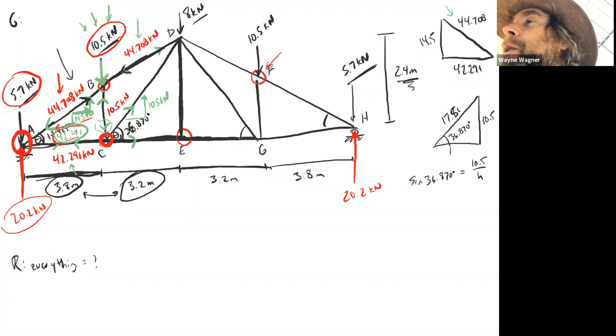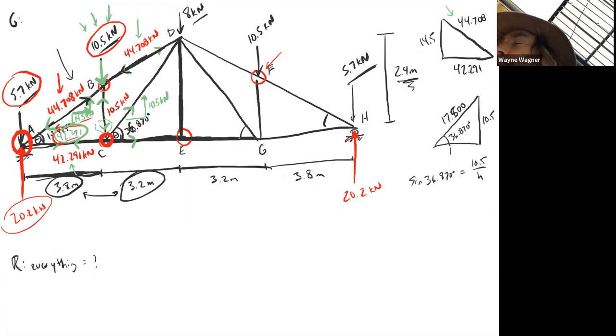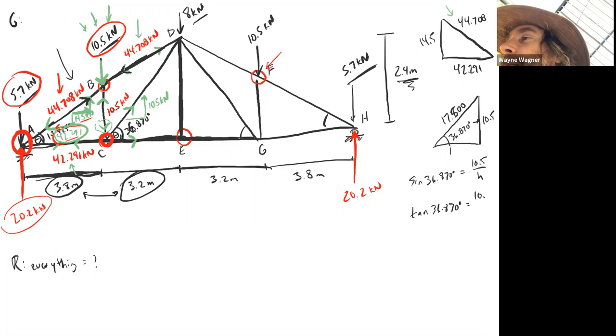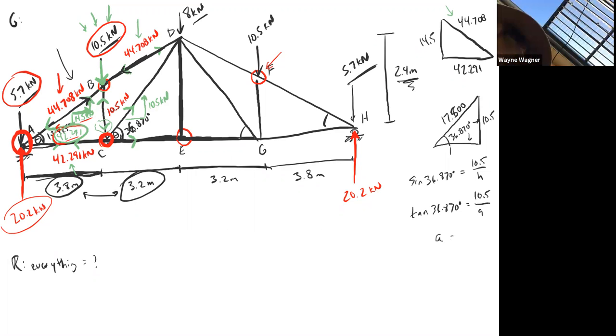Okay, so the hypotenuse is 17.4999, so 17.500. And then we're going to use the tangent of 36.870. Tangent equals opposite, 10.5, over A. So A equals 10.5 divided by the tangent of 36.870.